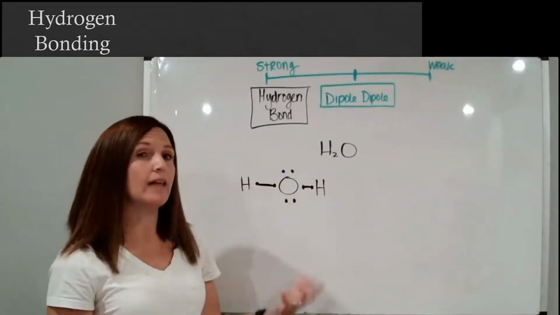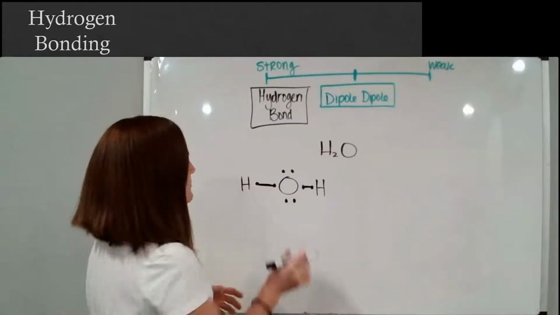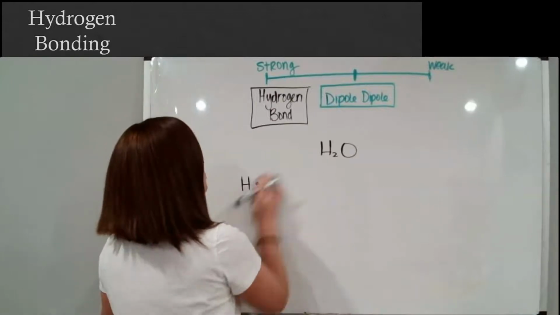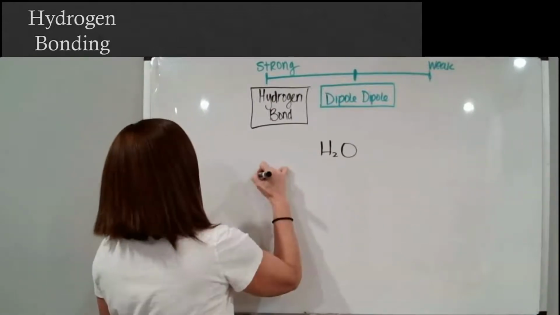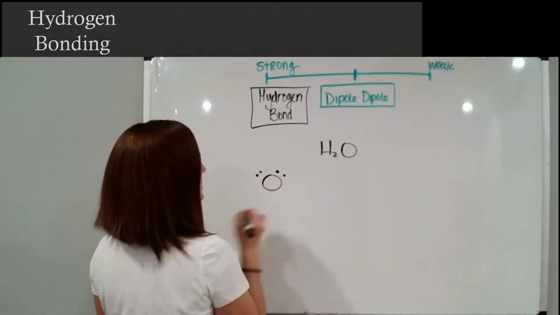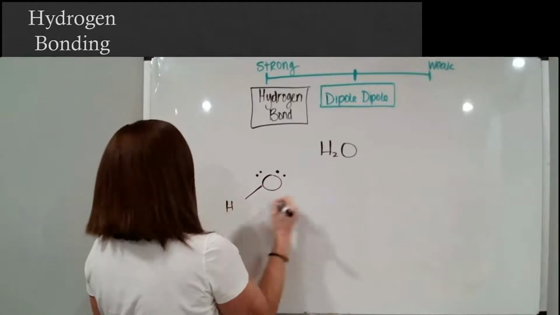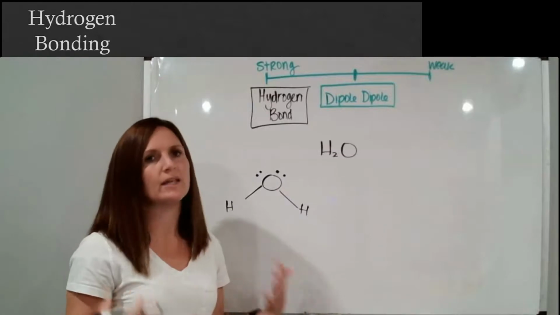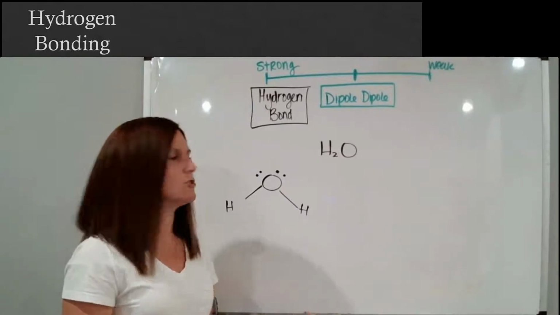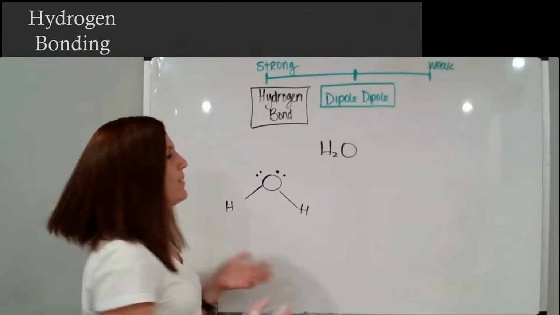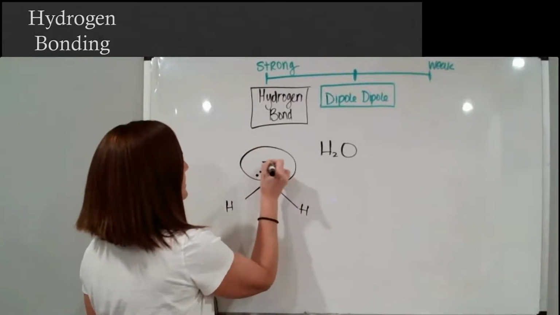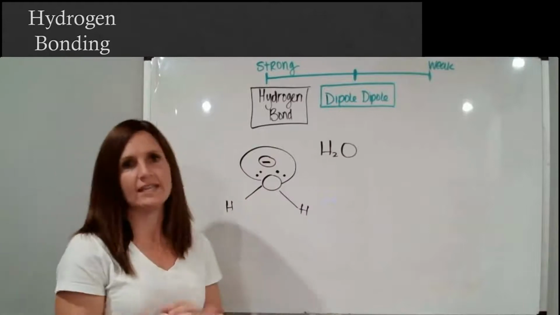But in real life, the way that this looks is that actually the lone pairs are going to hang out together. So we can redraw this. Oxygen has its 2 lone pairs over here, and it has its 2 bonds to hydrogen, like this. This is called a bent shape, and we don't really get into shapes in this level of chemistry, but it's putting all of its negative electrons together.